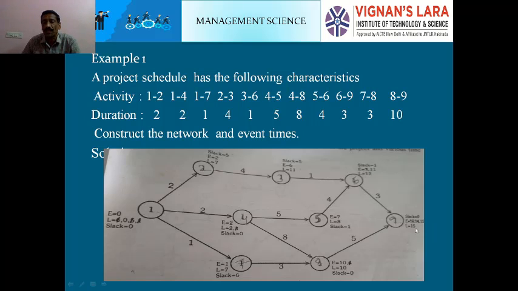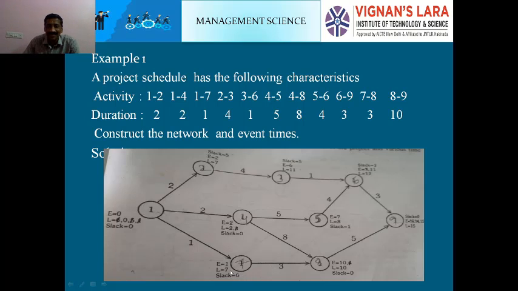By subtracting from 15. 15 minus 3 minus 4, that is 15 minus 7 equal to 8. Come here. If you want to calculate latest finishing time at event 7, how is it possible? Subtracting. 15 minus 5 minus 3.